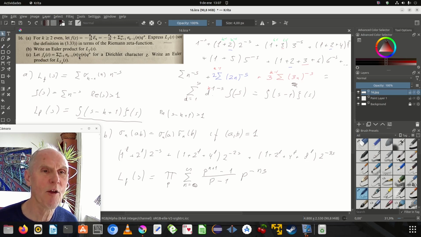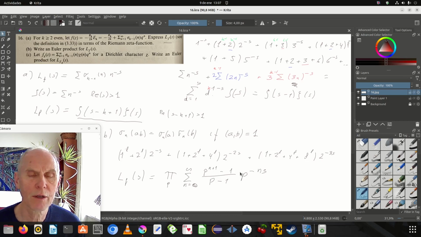I would guess and see that this chi of n just needed to be put up here. Chi to p of n, so that's chi to p. So I just think we just put it on here, chi to p.